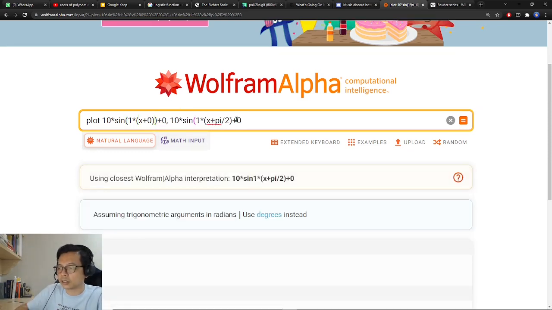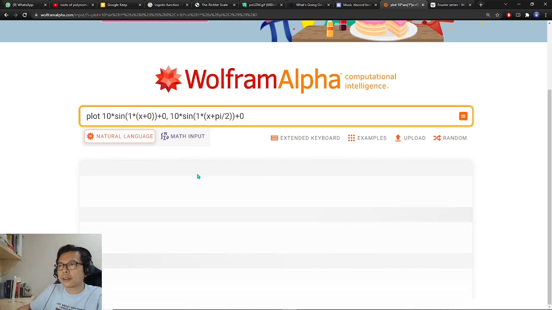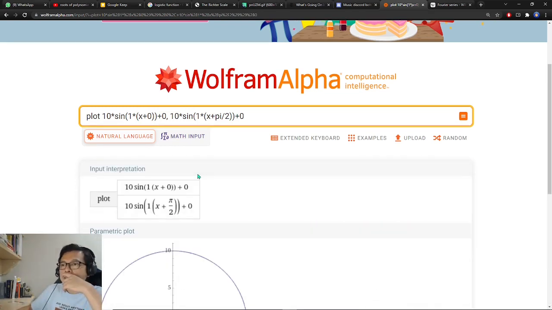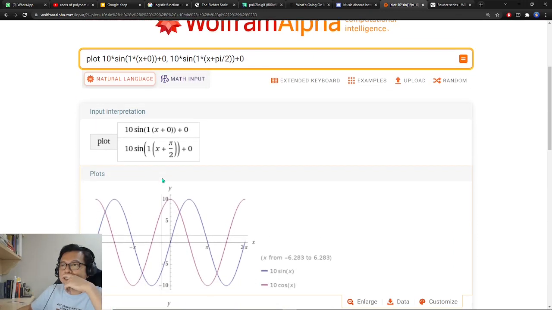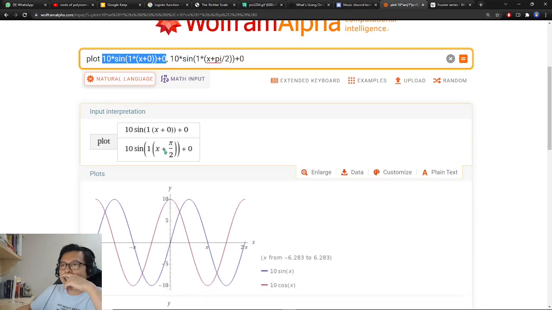Sorry. All right, so the blue one is the original one, without the shift. And if I shift it by plus pi over 2, it shifts backwards. You can see it's just shifting the whole thing backward like that.